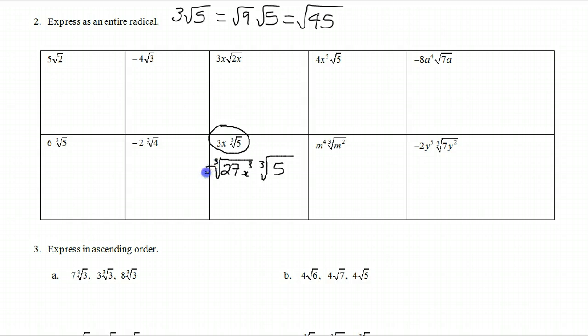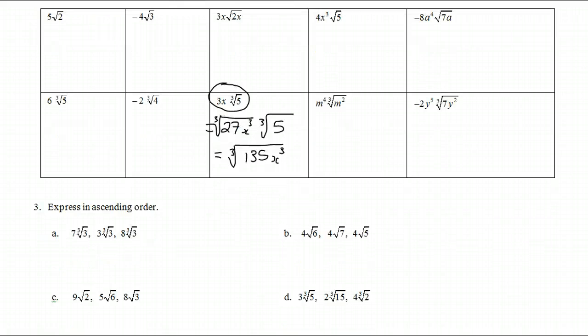Okay, and so we now just combine. So it's a cube root. Don't forget the index, right? It's a cube root of 135. That's 5 times 27. And x cubed. And that's expressed as an entire radical, right? Put it all together.